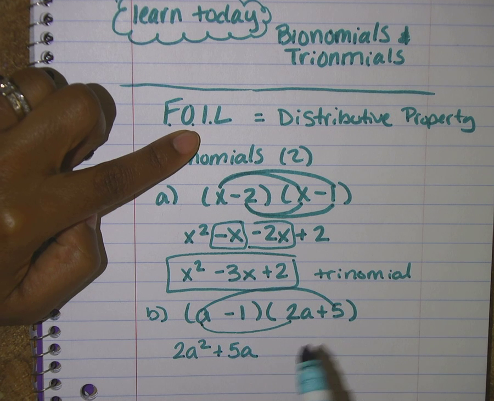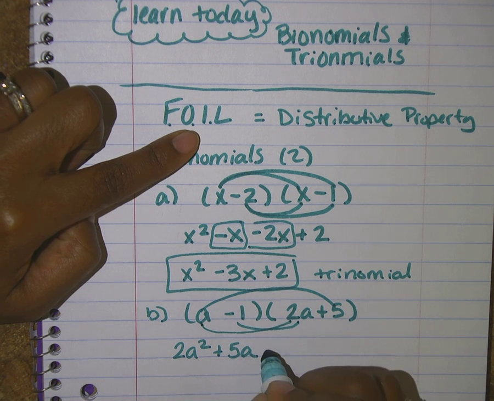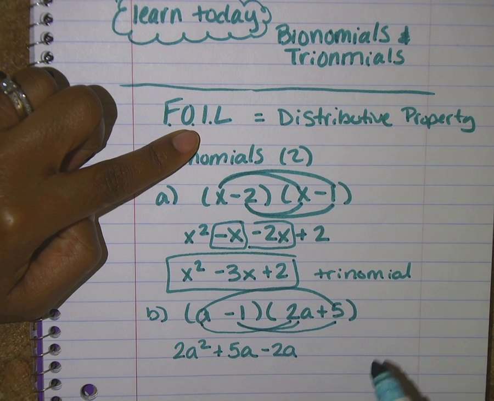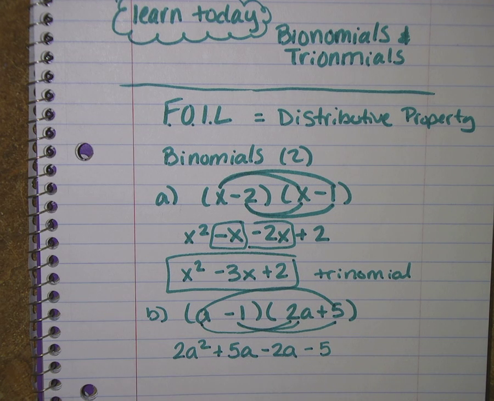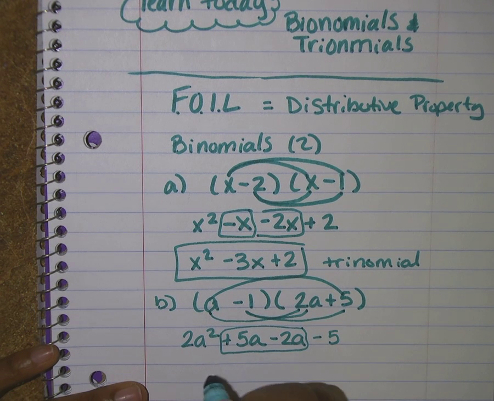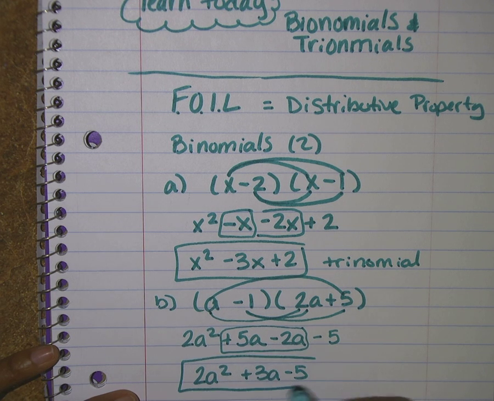Then the inside terms, negative 1 times 2a, is negative 2a, and then the last terms, negative 1 times 5, give me negative 5. Do I have anything to combine? Like terms: 5a and negative 2a, which is 3a. So I have 2a squared plus 3a minus 5 as my answer.